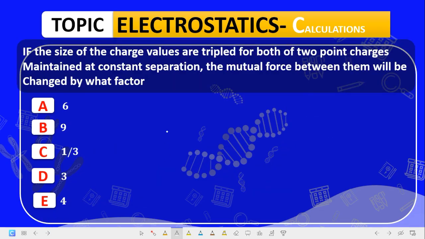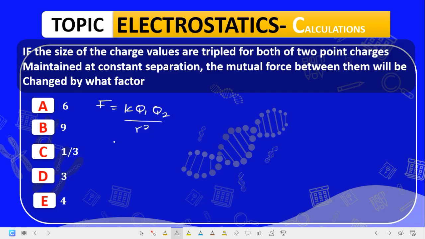If the size of the charge are tripled for both point charges maintained at constant separation, the mutual force between them will be changed by what factor? Now from Coulomb's law, we say that our F is K Q1 Q2 all over R square.